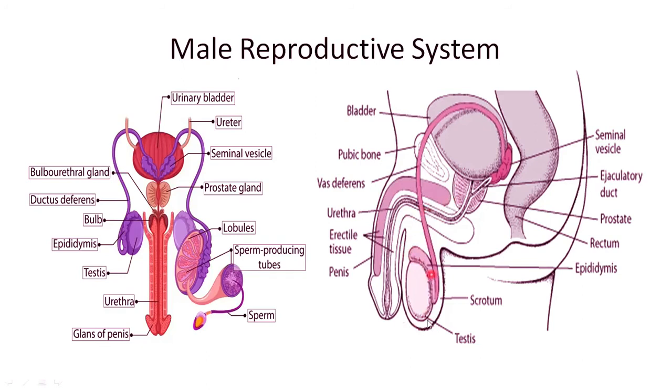Now, suppose this is the testis lying in the scrotum. So the sperm pass from the seminiferous tubule, then rete testis, then vasa efferentia, then through the epididymis. And see, this is the epididymis. Now, after the epididymis, it will pass to the vas deferens.